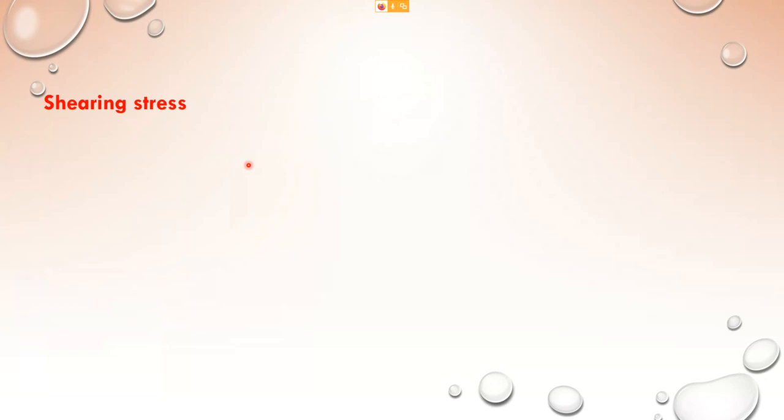To shuffle, you have to move both your hands, both your palms, in the opposite direction, correct? When you move both hands in opposite directions, you can see the cards are sliding over each other. So we say the pack of cards is undergoing shearing.